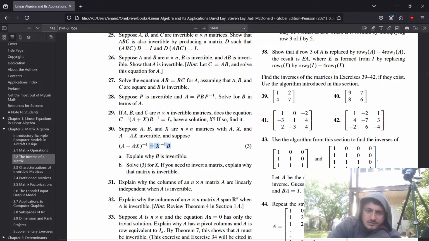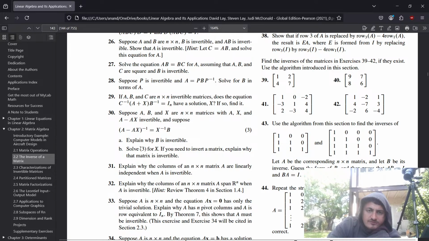So suppose... explain why B has to be invertible. Solve 3 for X.